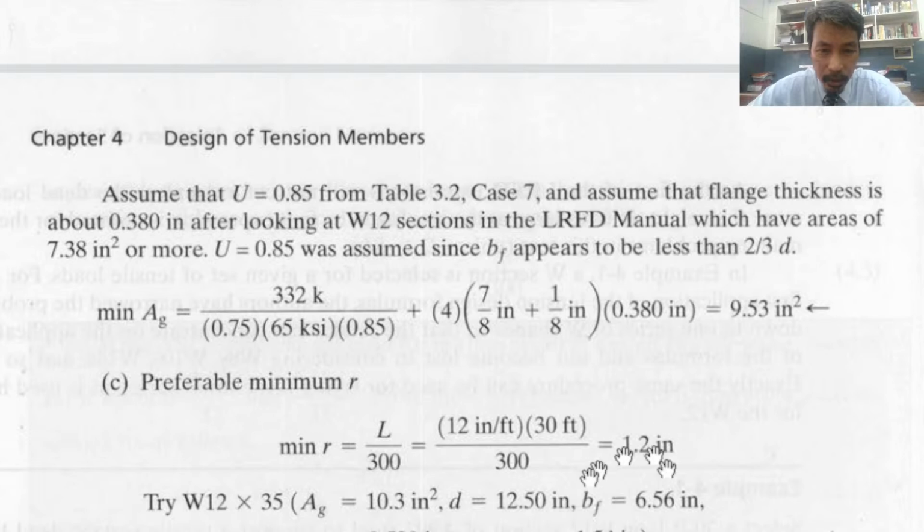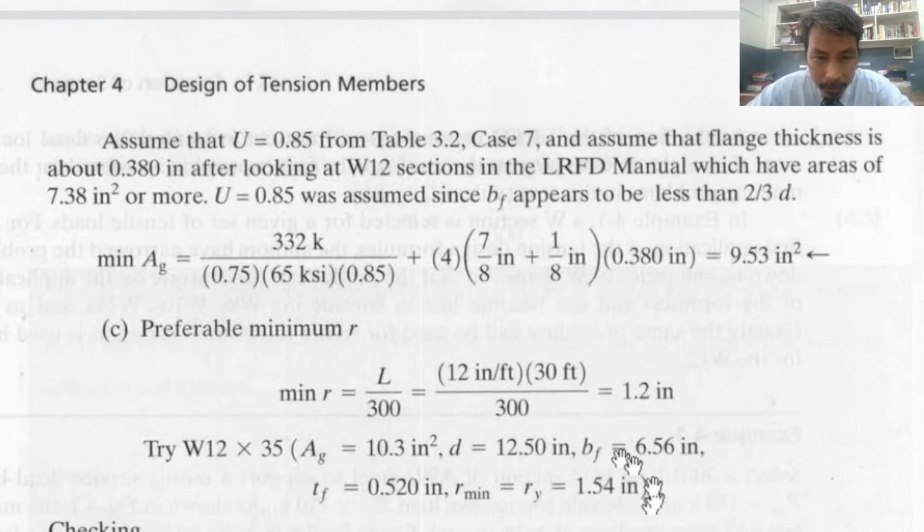So it is okay because it is less than the value for the radius of gyration of the given element W12 by 35. Okay. So here, Ry is equal to 1.54. You can see this.